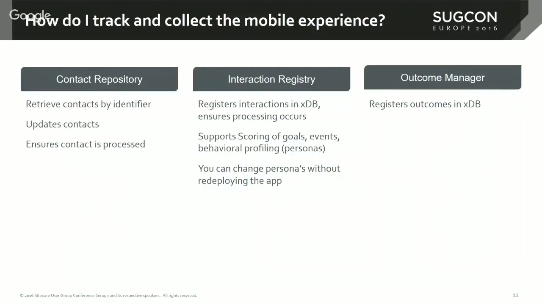So if you register an interaction that has a series of page views, and those page views have tags on them that score a particular persona or a particular behavior profile or a goal, it will replay those for you. The nice part here is you're able to tag your content and change the way it's scored, change the way it's collected in xDB without redeploying your client. And of course, the outcome manager just registers outcomes.